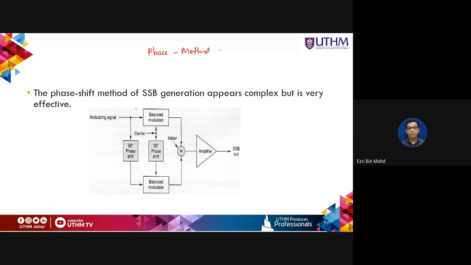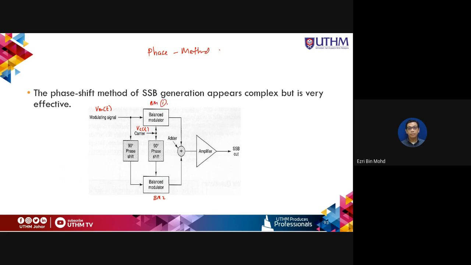Balance modulator is supplied by VMT, the modulating signal, and carrier VCT. Each balance modulator has two inputs. So VMT and VCT with different phase, with a 90-degree phase shift for balance modulator 2. Ni balance modulator 2 for example.